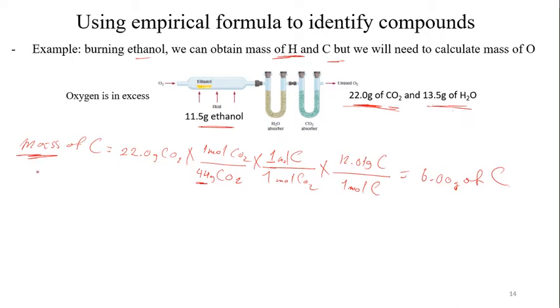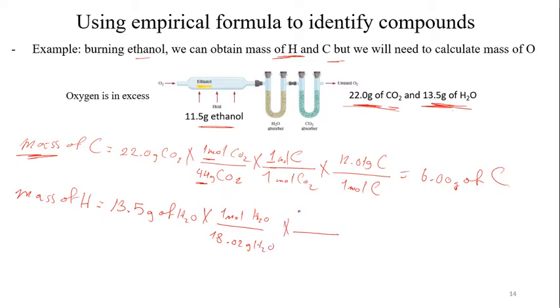I will also do the same thing for the hydrogen, so the mass of hydrogen would be equivalent to the mass of water, 13.5 grams of water, multiplied by, if I know that each mole of water contains 18.02 grams of water, and I know that 2 moles of hydrogen are present in 1 mole of water, multiplied by the grams present in 1 mole of hydrogen, this would be equal to 1.51 grams hydrogen.